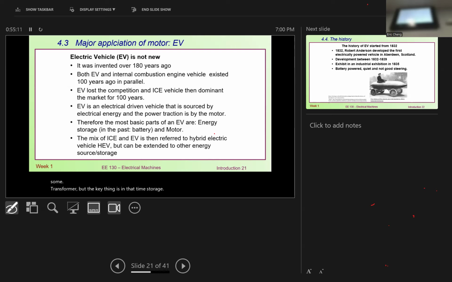We did have batteries, which were invented more than 200 years ago, so we had energy storage and we had motors. We made electric vehicles, but because the battery was not doing a good job, the vehicle could only travel 10 miles, 20 miles at most, and it took a long time, 10 or 20 hours, to charge. That's why not many people liked it. But it seems that 100 years ago there was a lot of activity in EVs, and also in hybrid vehicles.